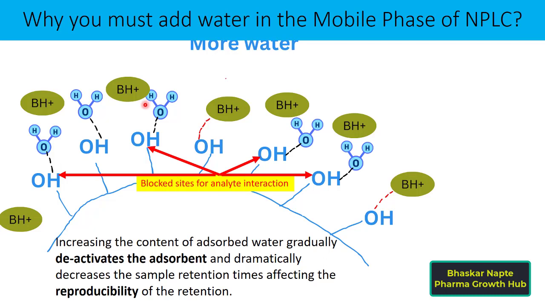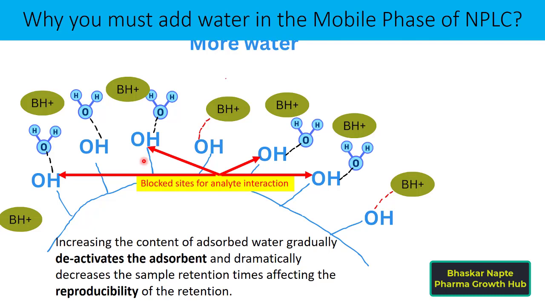Now these silanols are not available to interact with this protonated base. Why are they not available to interact with the protonated base? Because these silanols have already formed hydrogen bonds with the water. And where does the water come from?